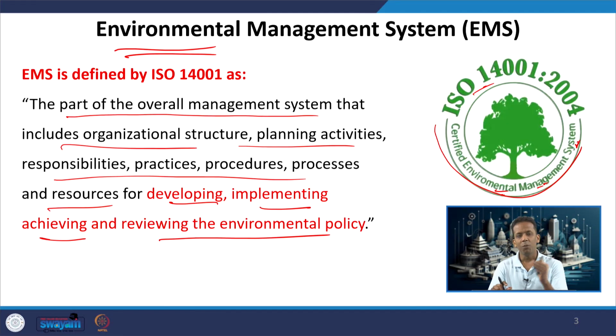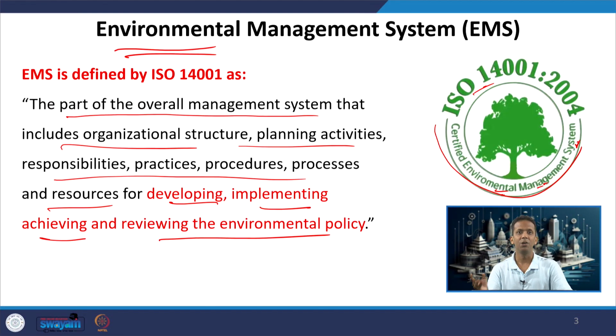Once that policy is defined, how to achieve its goals, and how to develop that policy or implement the actions oriented towards achieving those goals, all these things come under the environmental management system. It will be the responsibility of EMS to develop policy, to implement plans, to develop procedures and actions, to use resources and then try to achieve the goals of the environmental policy.